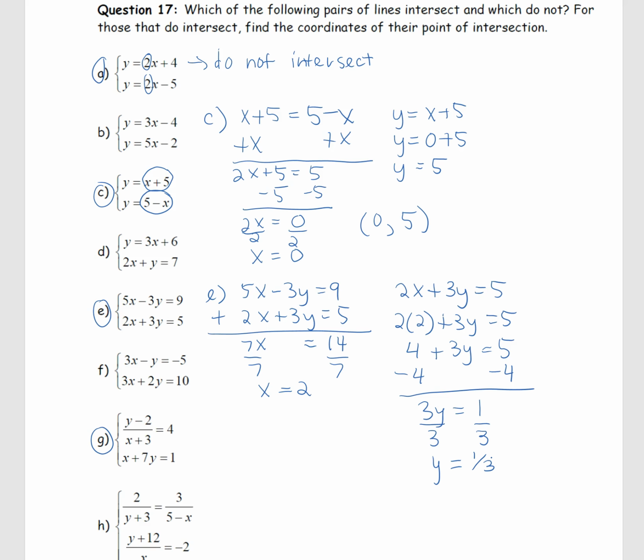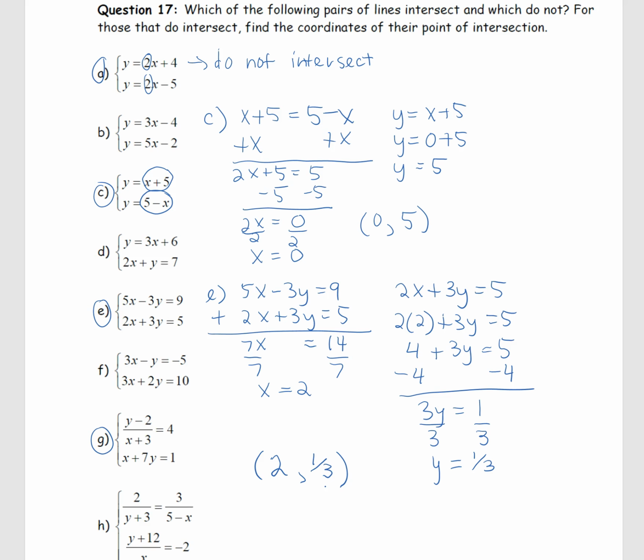Again, it's a good idea to plug these values into both equations, make sure they work out, but this is the right answer, and the point of intersection is x equals 2, y equals 1/3.